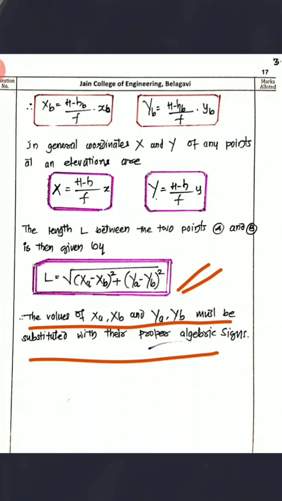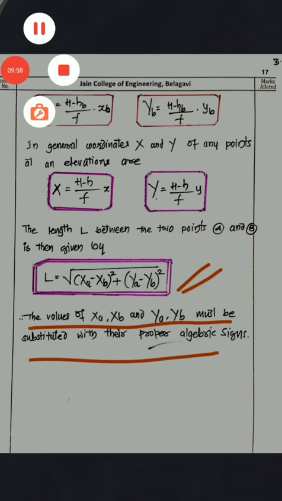There may be changes in the algebraic signs as you go on calculating, so you have to make sure you add or substitute the things with respect to the algebraic sign.